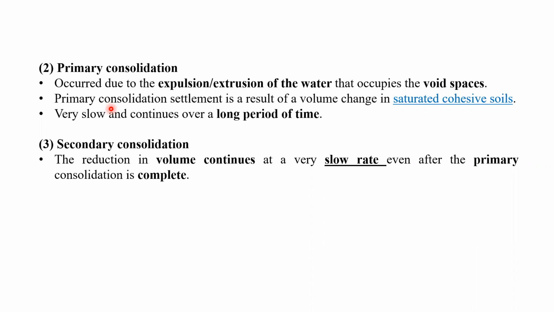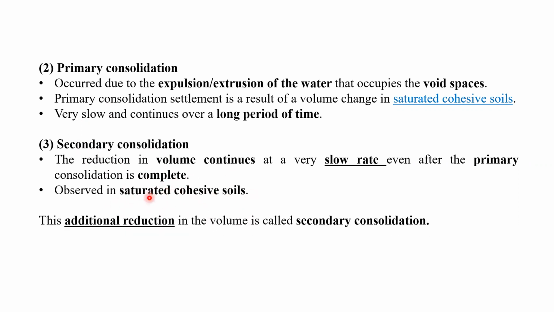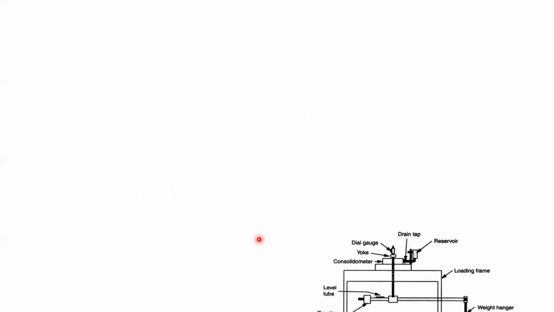Whatever soil is available, the volume of that soil may decrease. So it is a long-term phenomenon, we can say, secondary consolidation. And definitely it is observed when the cohesive soil is fully saturated. So the additional reduction, that means after primary consolidation, whatever reduction in volume takes place is called secondary consolidation.